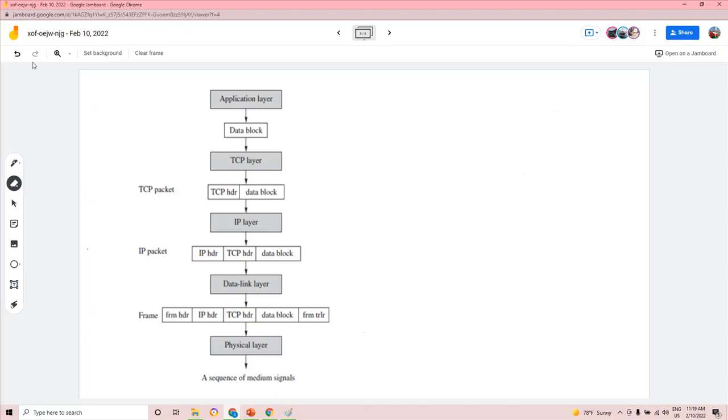You can fit the security at the application layer.